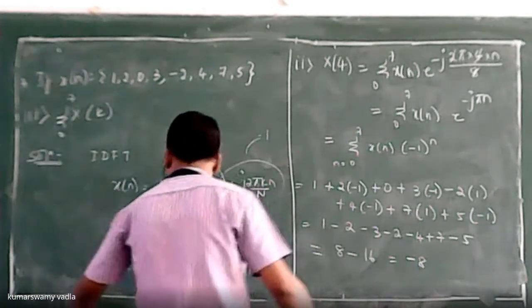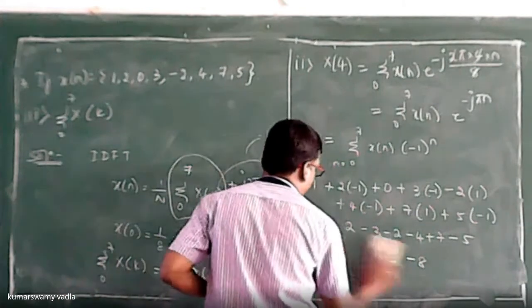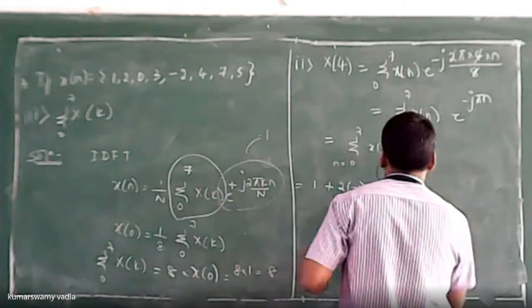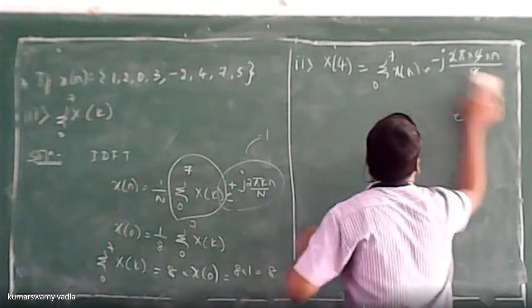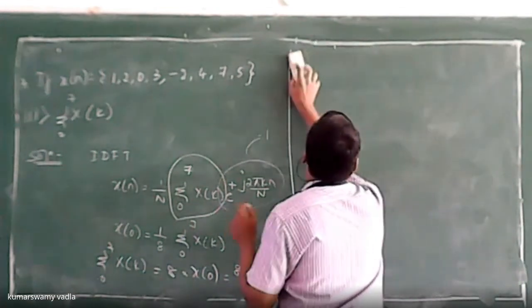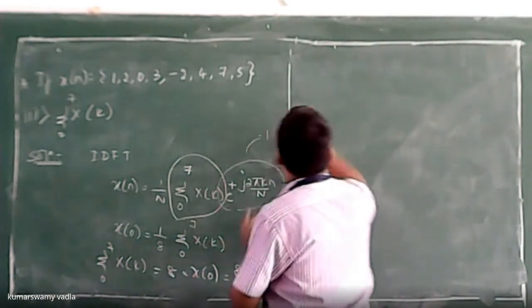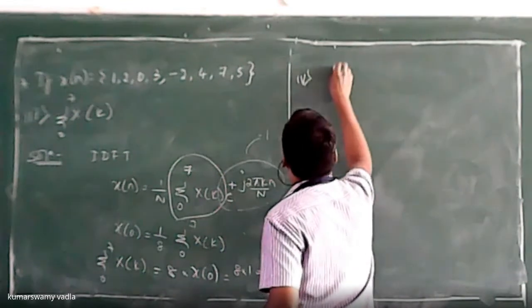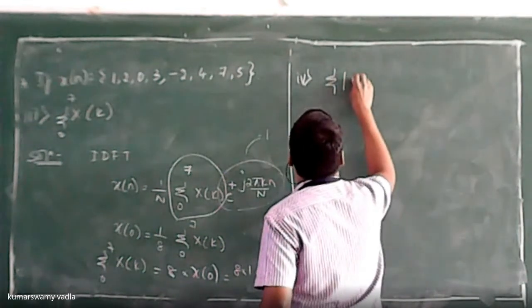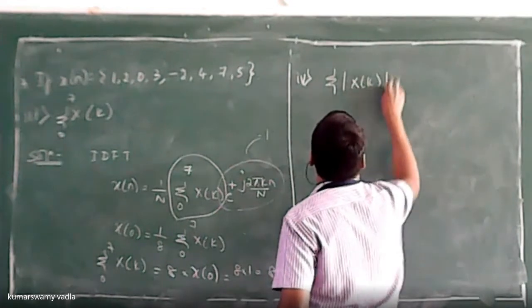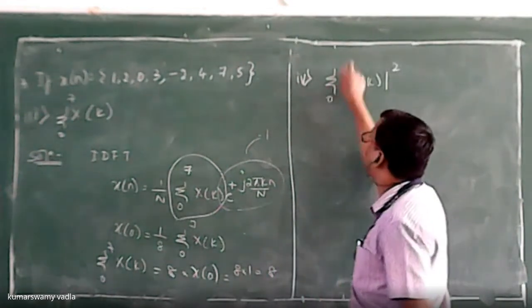Okay, now the fourth one. You require Parseval's theorem, which is not there for the proof. We will just utilize Parseval's theorem to solve that fourth bit. What is being asked here? Capital X of k mod square, 0 to 7.